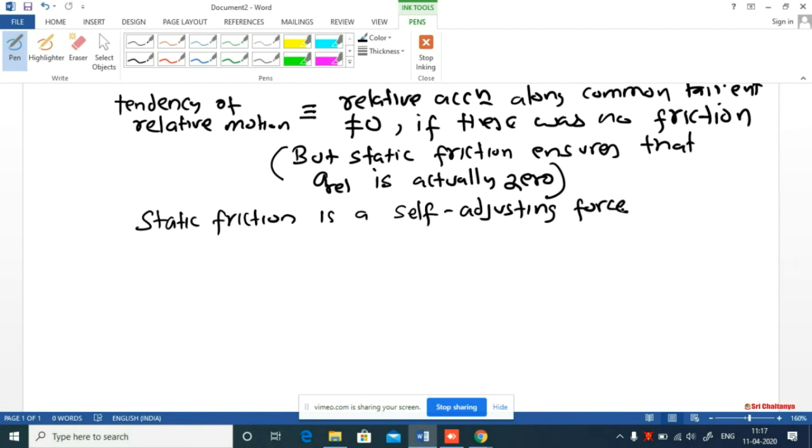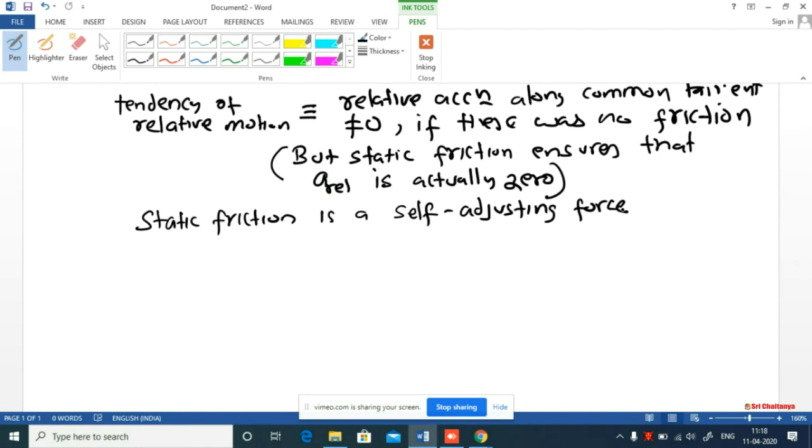Well, what will cause it to adjust itself? We saw that earlier. Static friction ensures that a relative along the common tangent is actually zero. To ensure that a relative is zero, a certain value of friction is required, and that will be the value of static friction. So static friction will adjust itself in such a way that a relative along the common tangent is equal to zero.